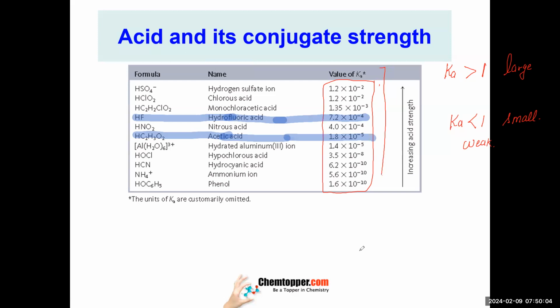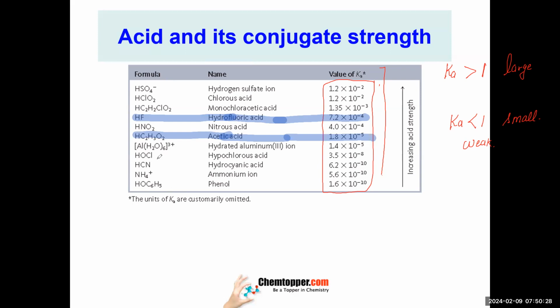These questions are there in free response. They'll give you Ka values and ask which one is stronger. They will give you 2 or 3 Ka values and ask you to arrange them in increasing order of strength or decreasing order of strength, right? So Ka values are so important. They can tell you which one is stronger, right?